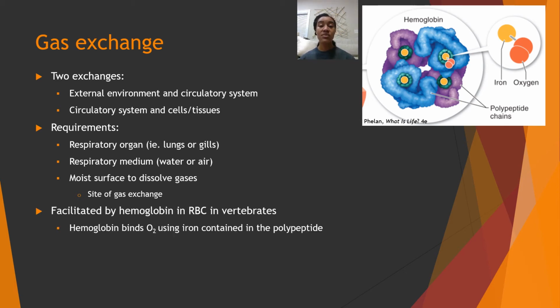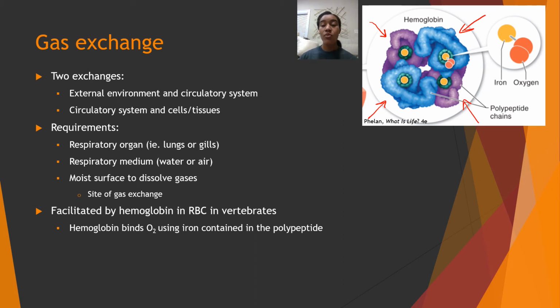Gas exchange in vertebrates is facilitated by hemoglobin and red blood cells. Hemoglobin is a protein that's composed of 4 other proteins or polypeptides, and that can be seen in this picture here. So this is 1, 2, 3, 4. And red blood cells are packed with millions of this hemoglobin protein.